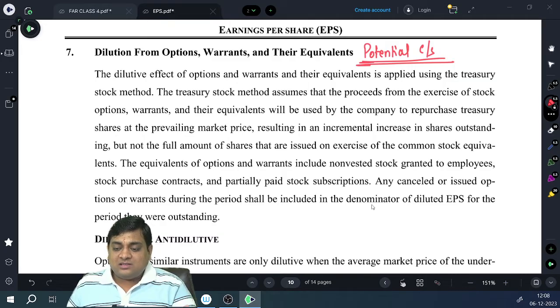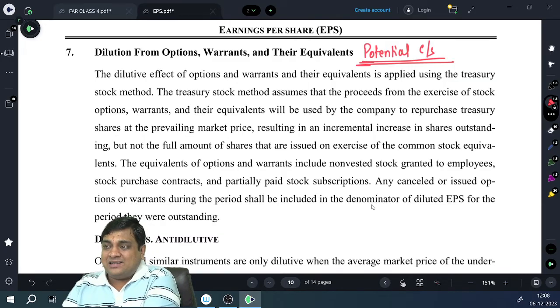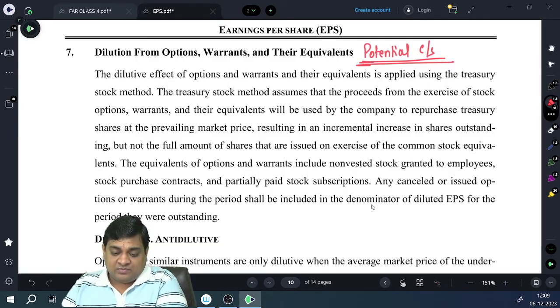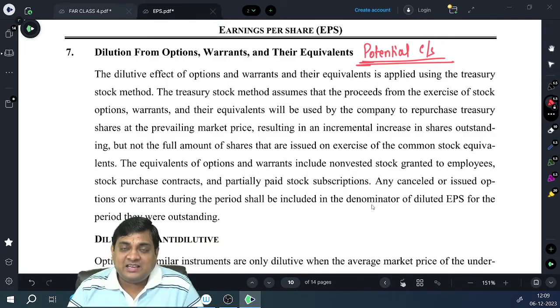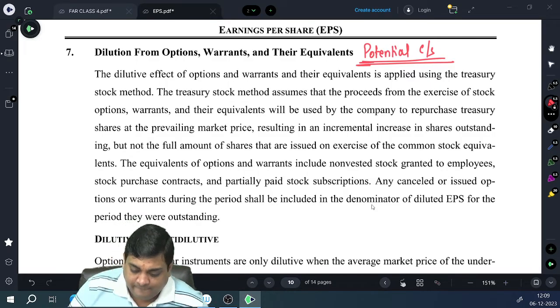So currently you are not paying them anything, right? So when I convert them into common stock, there won't be any savings also, right? So generally numerator doesn't increase by any amount. However, when you issue common stock, the denominator will increase. So this is always dilutive in nature, right?